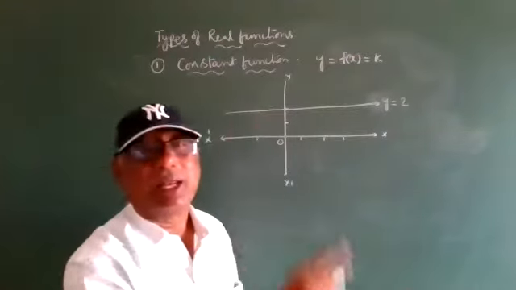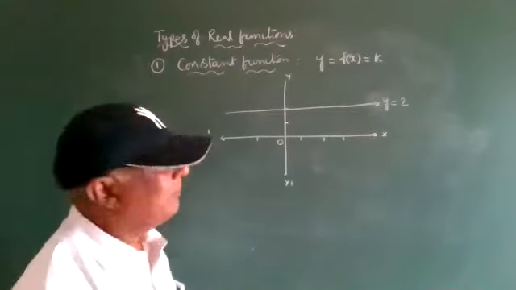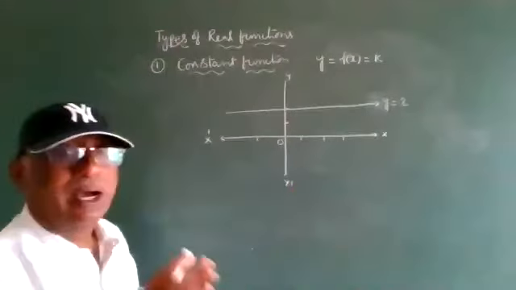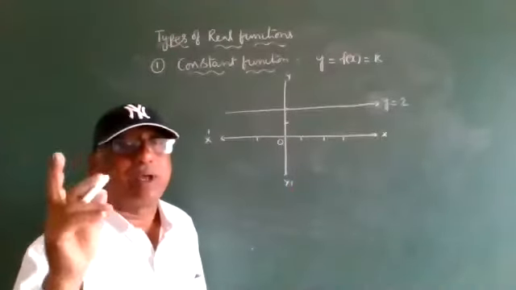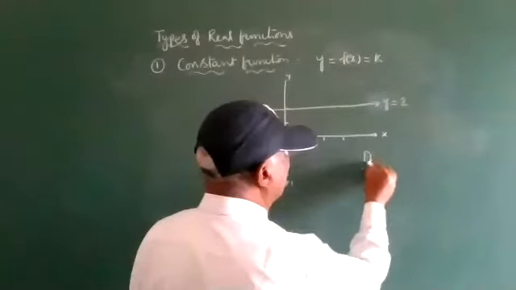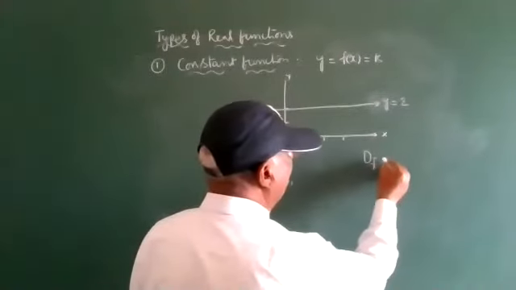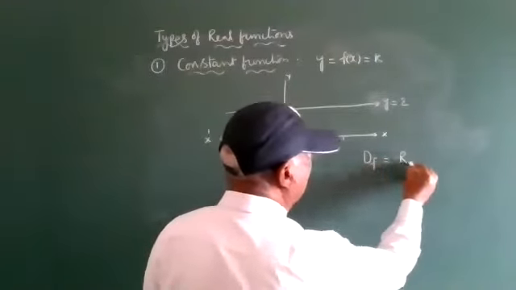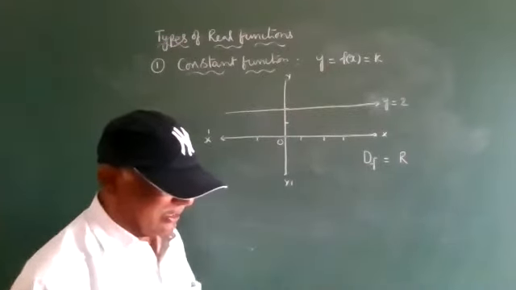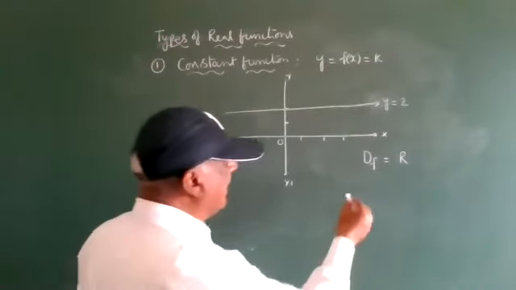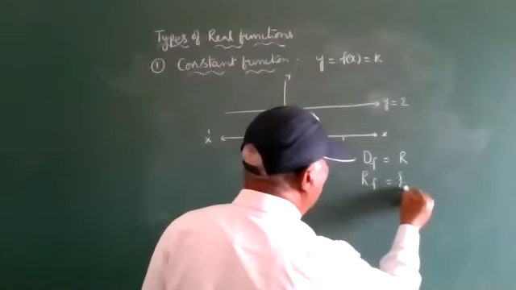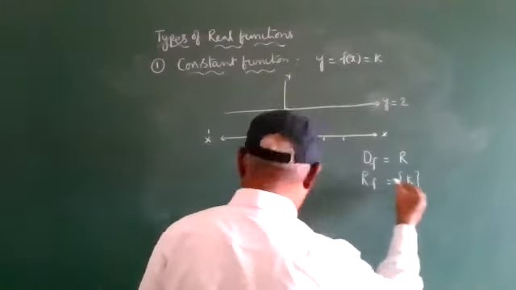This is one of the real functions because we take all the real x values, but y is fixed. So the domain of the constant function is all the real numbers, but the range of the function is only one value, that is the constant value.